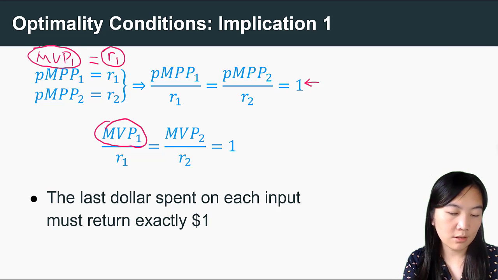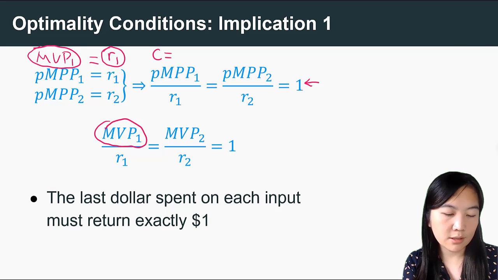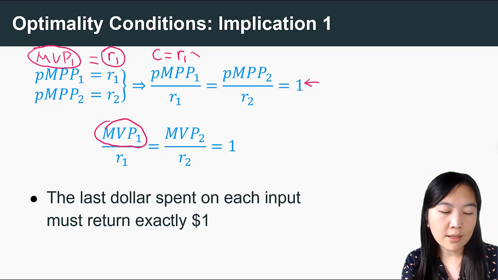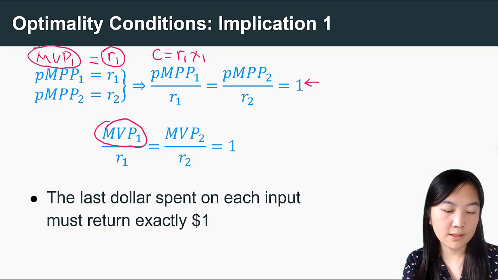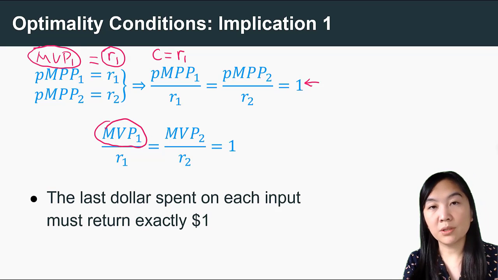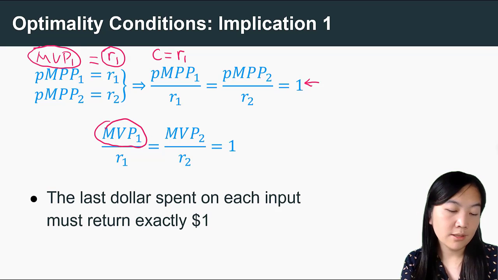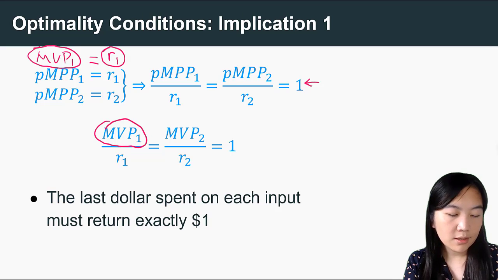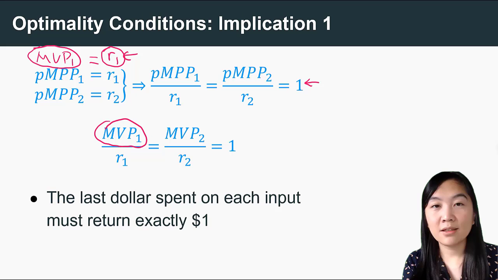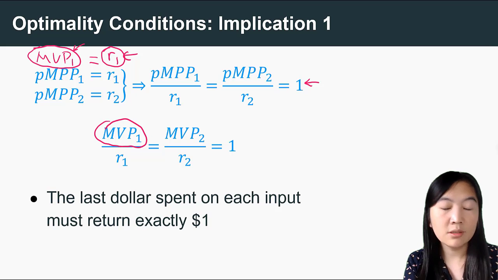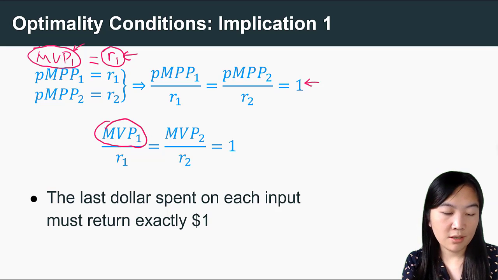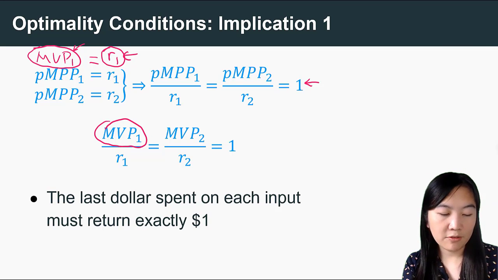The cost is just the price times the quantity of x1 used, and since we say it's one unit, the cost will just equal the price of that unit. So the cost of the last unit of input 1 used equals the return of the last unit used. That's what we explained before.